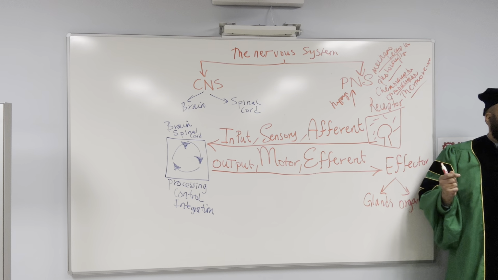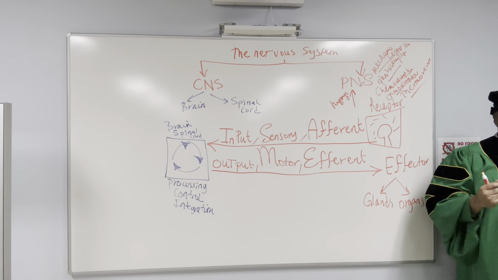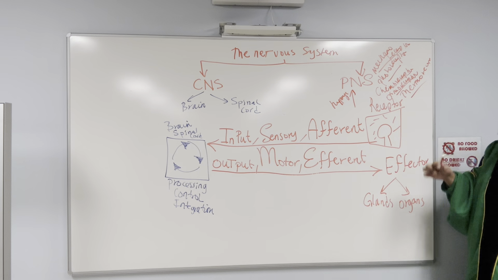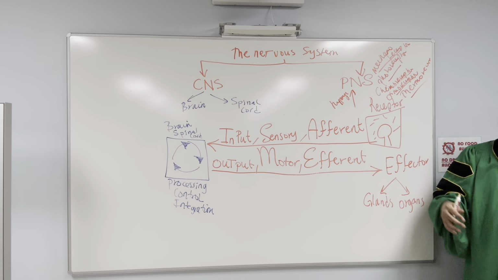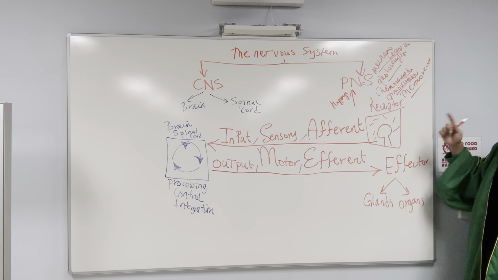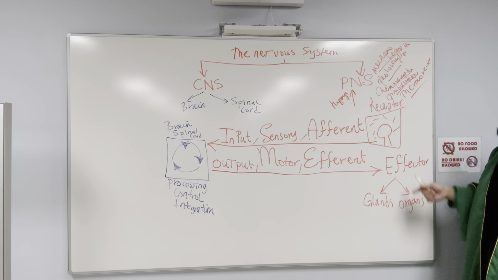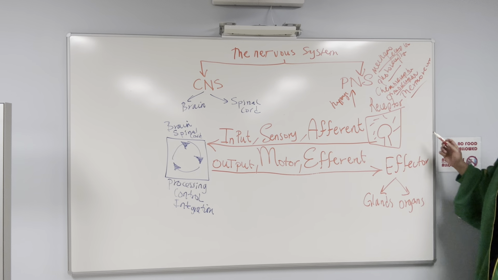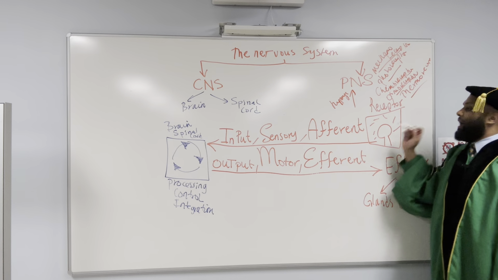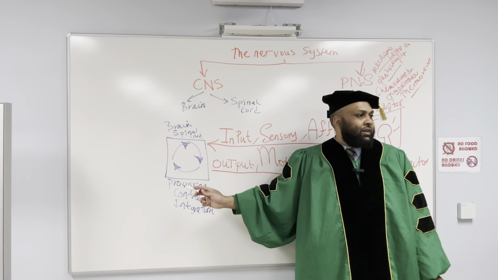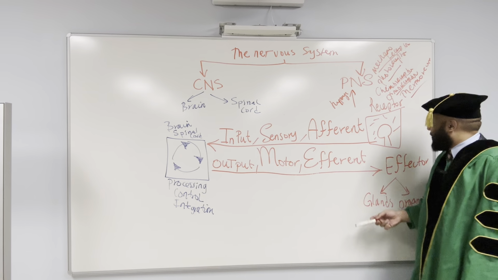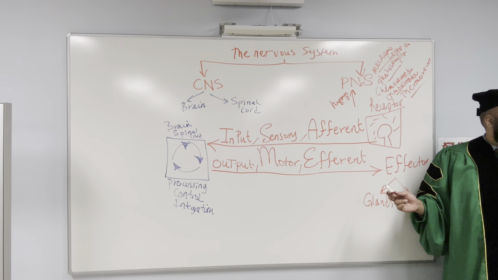Let's look at it another way. It's too hot outside, very hot outside. You're getting dehydrated, hypovolemia. Who's the receptor who's going to detect that it's really hot? Thermoreceptor. The thermoreceptor is going to send input sensory afferent stimulation to who? The brain. The brain is going to send out an output motor efferent signal to who?